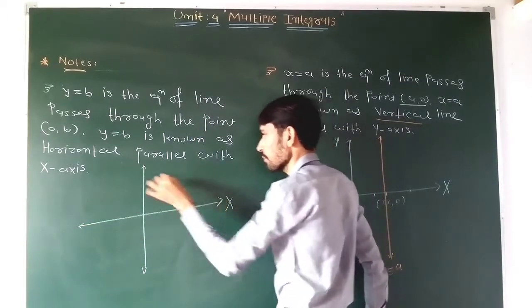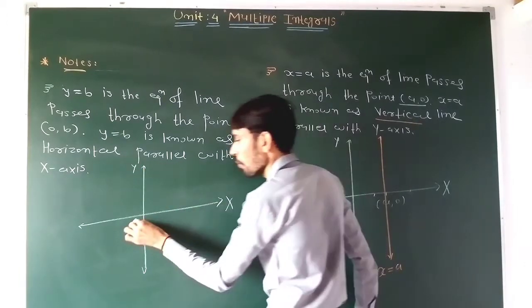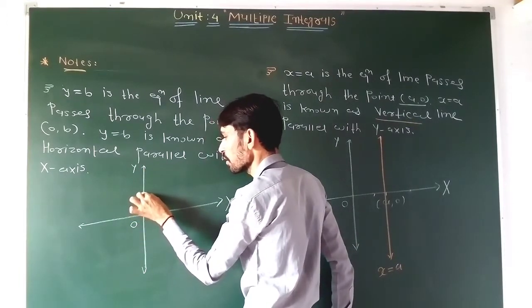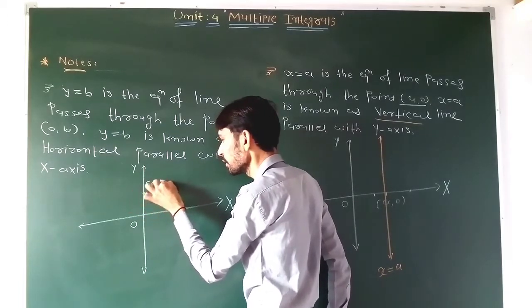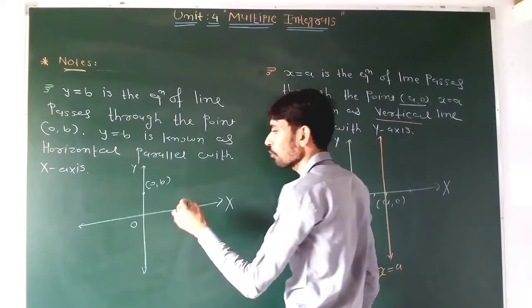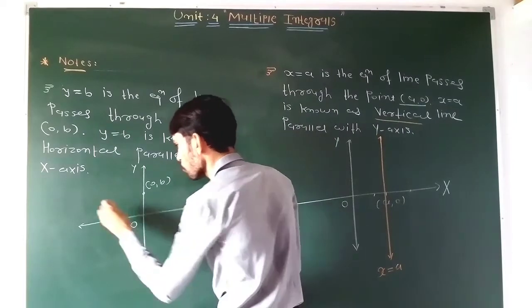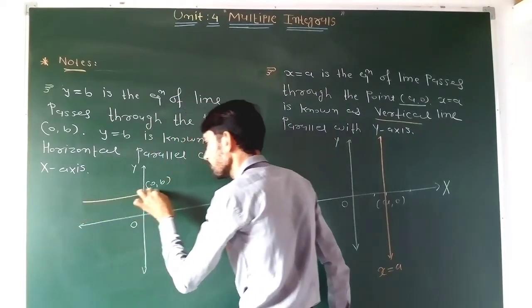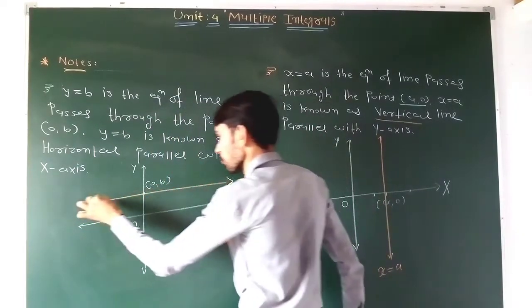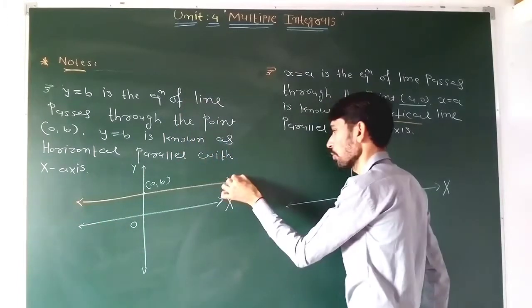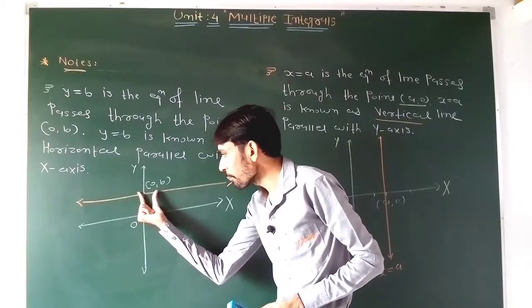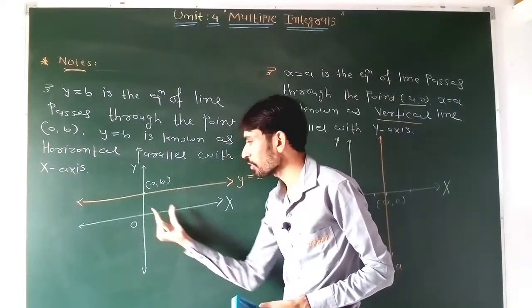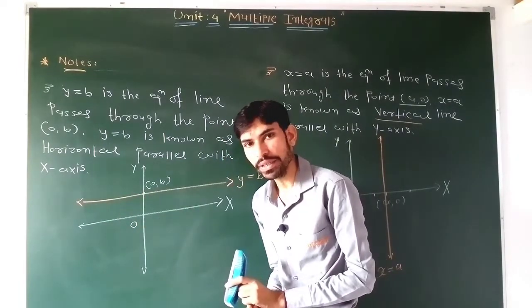On the x-axis and y-axis, suppose we consider this point B on the y-axis. The coordinate of this point is (0, b). So y is equal to b is the equation of a line passing through the point (0, b). Observe that this line is parallel with the x-axis, so this line is known as the horizontal line.